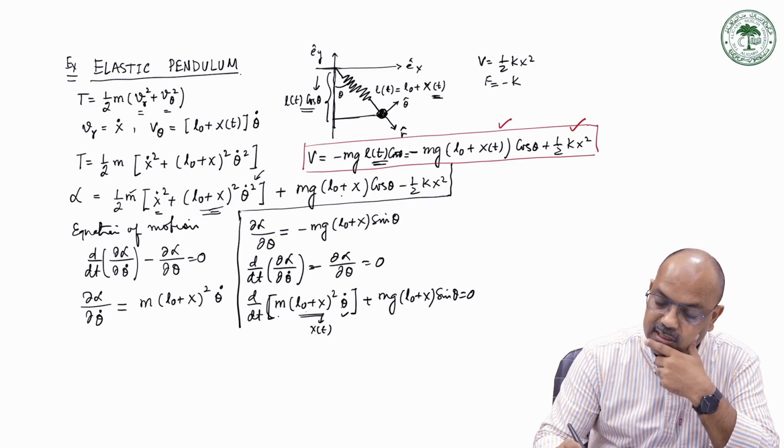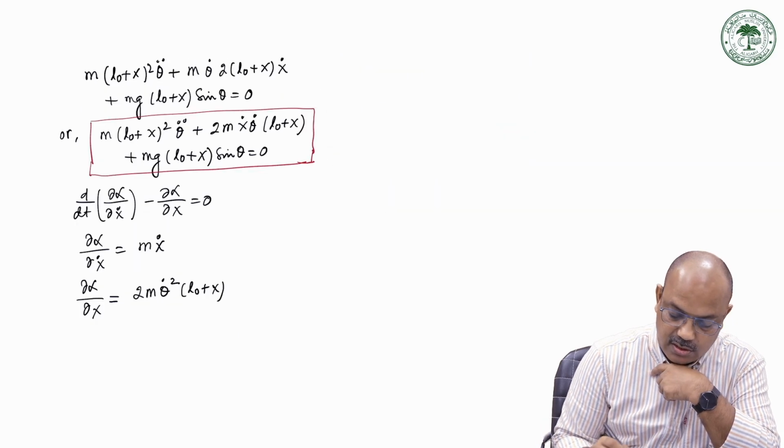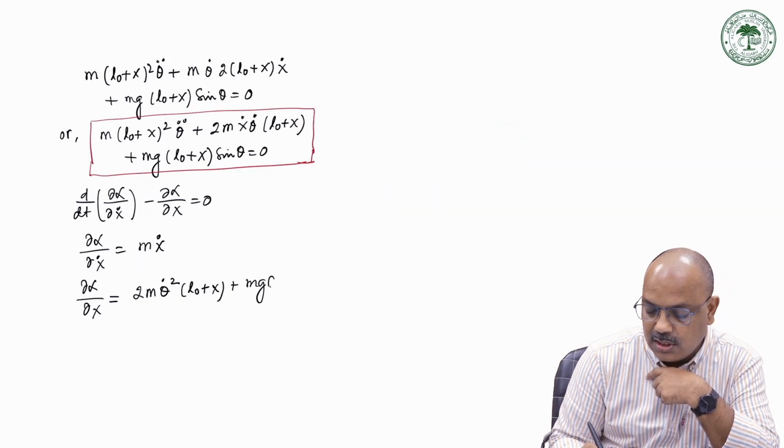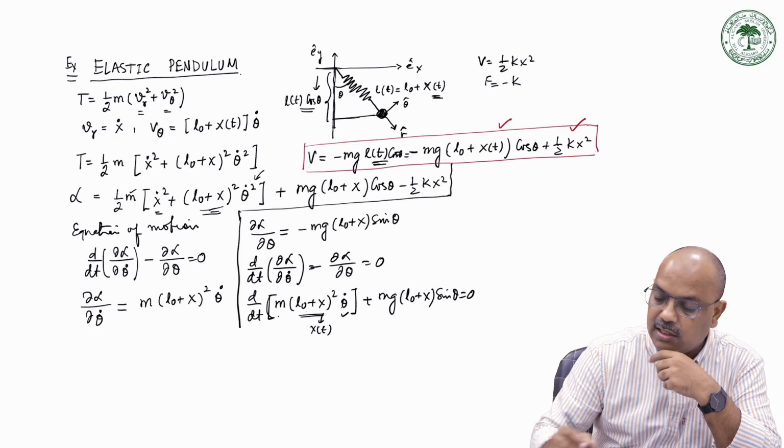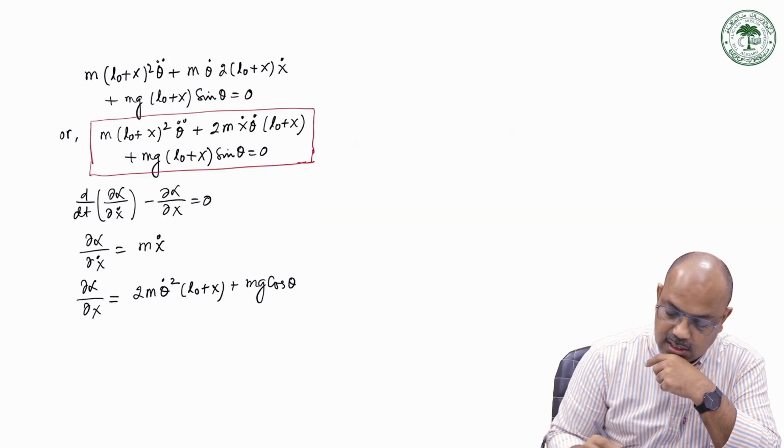From the second term will come m g cos theta, so plus m g cos theta, and then from here you're going to have minus k x. So this is what I have.